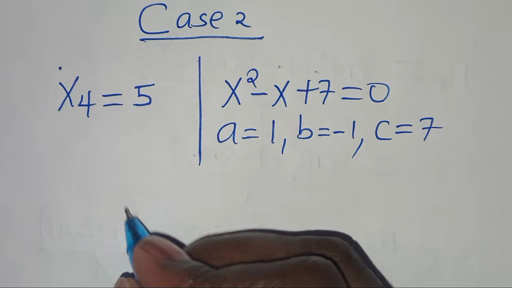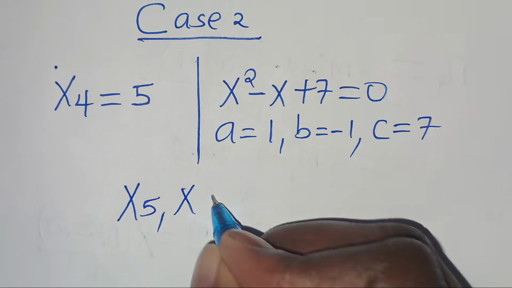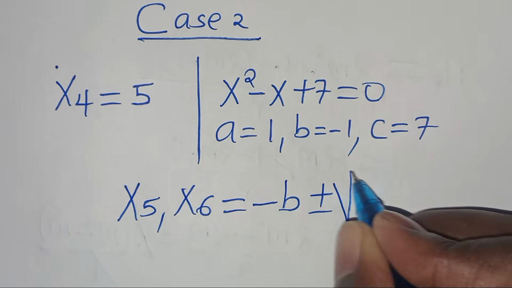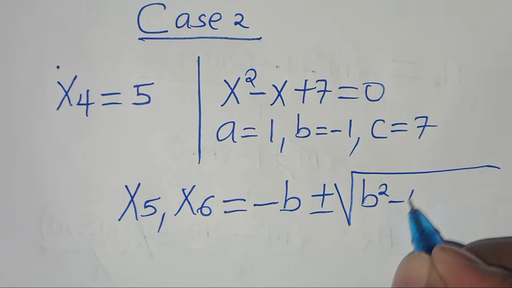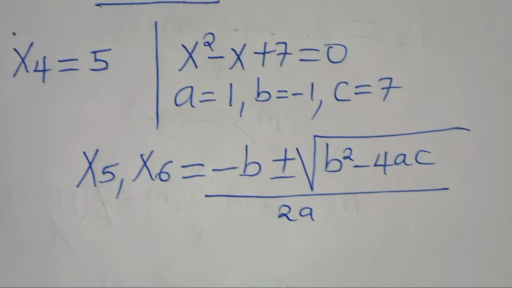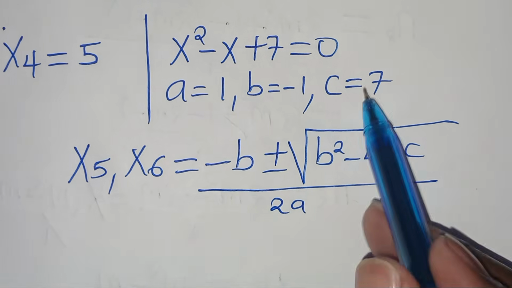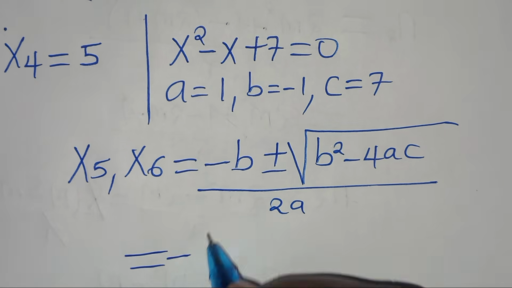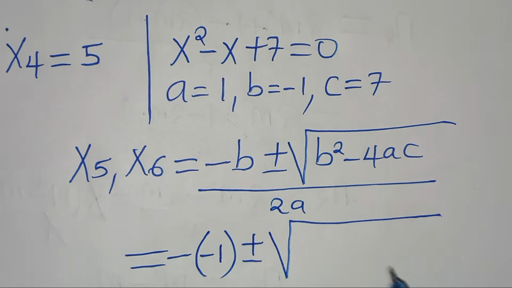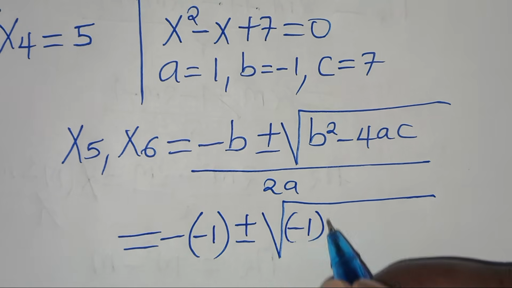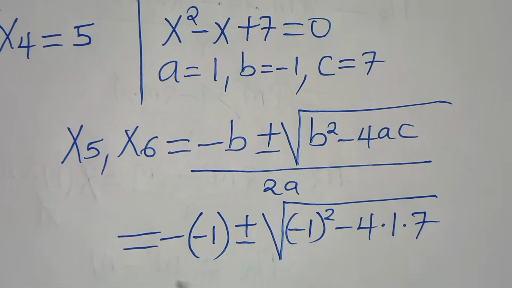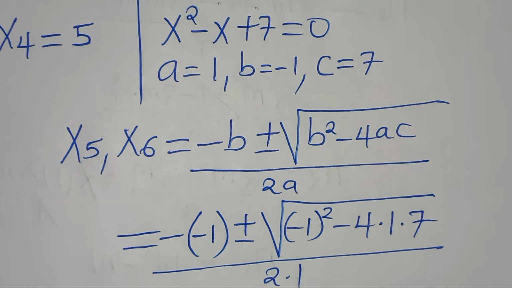Now from here, we can solve for x5, x6 by applying the quadratic formula here, which is minus b plus or minus the square root of b squared minus 4ac divided by 2 times a. Let's substitute the values of a, b, and c so that we have minus times minus 1 plus or minus the square root of minus 1 to the power of 2 minus 4 times a, which is 1, then times c, which is 7, divided by 2 times 1.